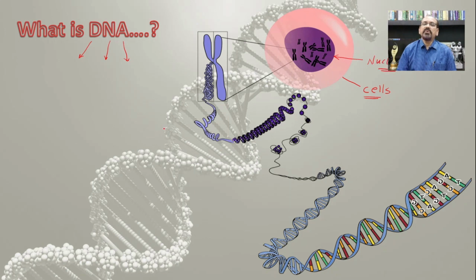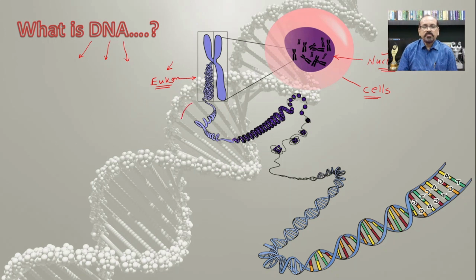But such type of nuclear membrane is absent around the nucleus in the prokaryotes, while the presence of chromosomes is also a characteristic feature of the eukaryotes. So inside the nucleus there are chromosomes when the cell is in the division phase, and when it is in interphase there is a presence of chromatin network or the chromatin material.